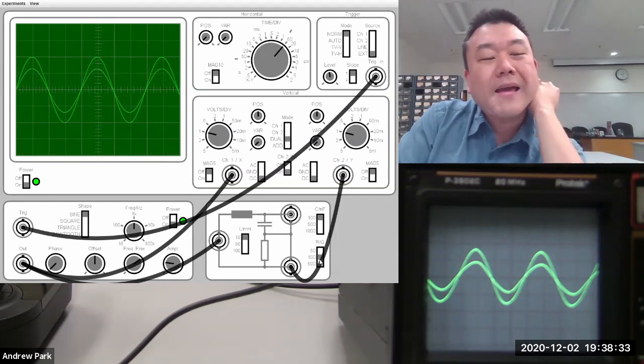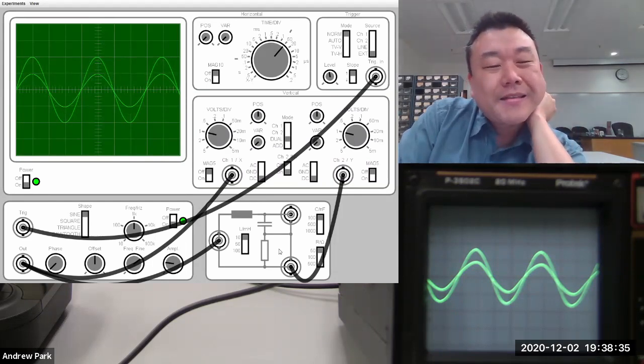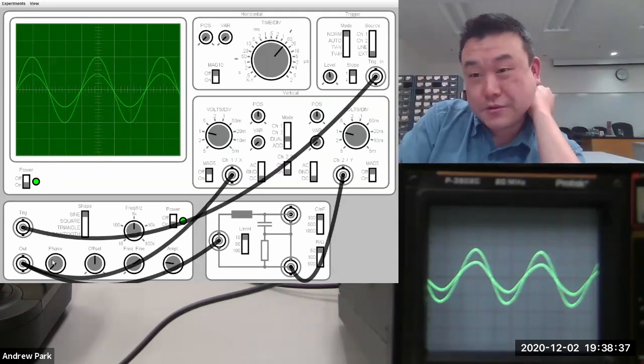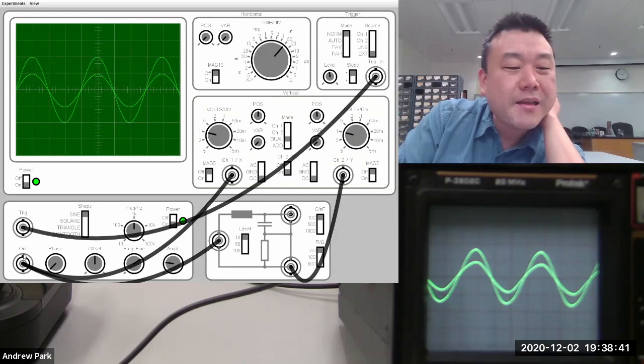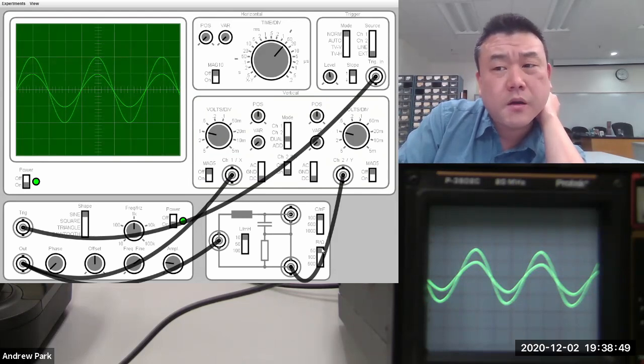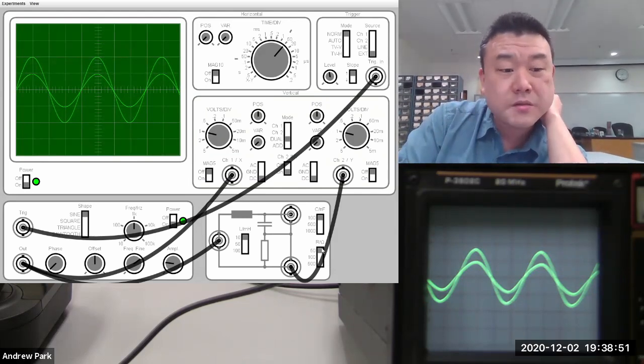Oh, you know what? I think I know what it is. This simulation, which is wonderful, is simulating the output impedance of the function generator. So 50 ohm is the standard output impedance of a lot of instruments.